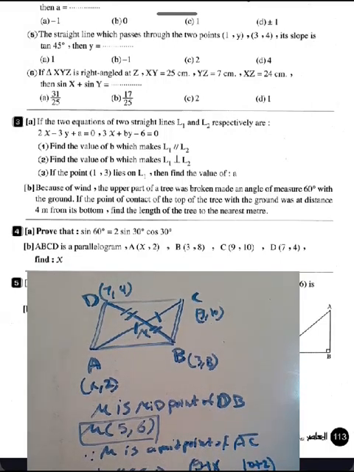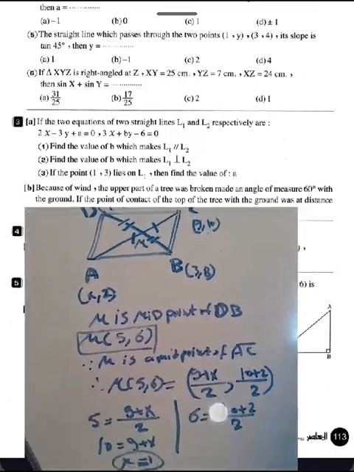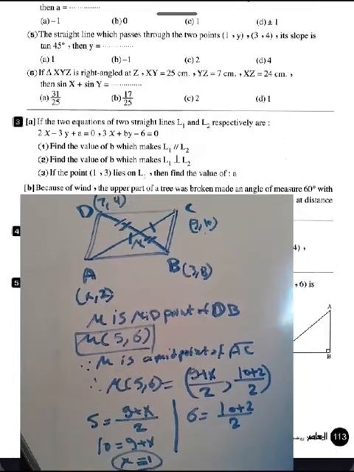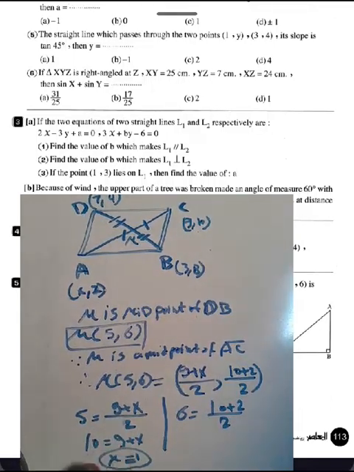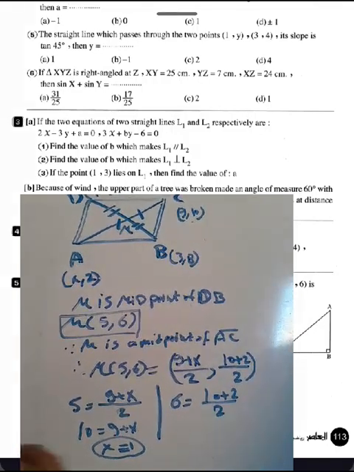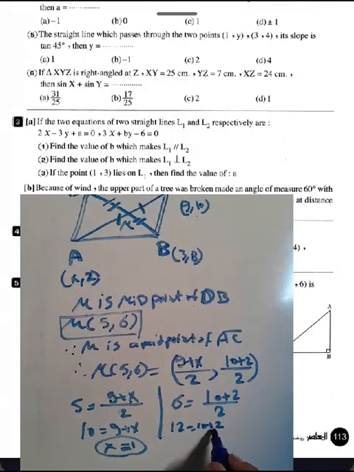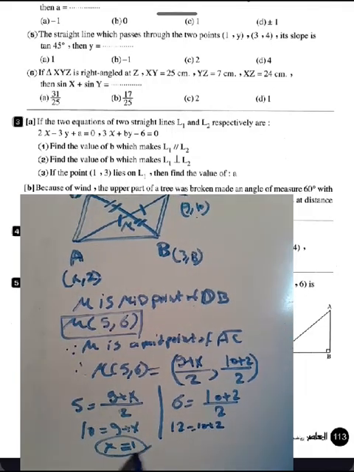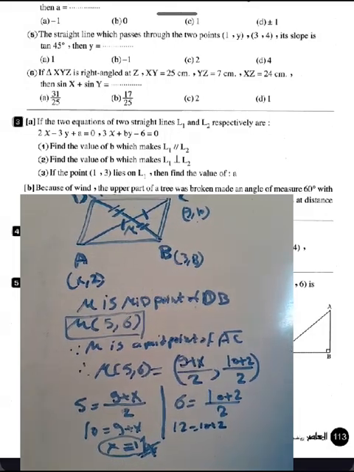And here 6 equals 10 plus 2 over 2, 2 times 6 equals 12 equals 10 plus 2. We only want to find x, so the value of x in this example equals 1.